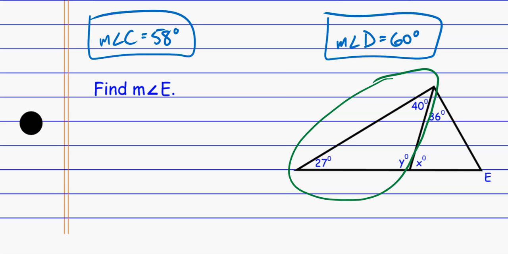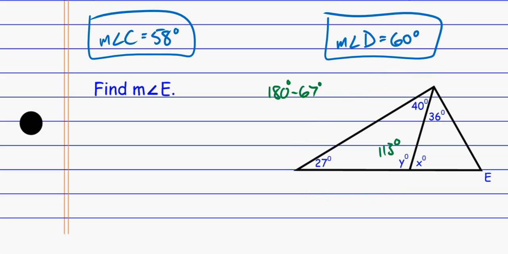And so we can easily find Y by saying, these two added together are 67 degrees. And now I do 180 minus the 67 degrees, okay? And when I do that, that gives me 113 degrees. Well, that's my Y value. So now I've found the measurement for Y.